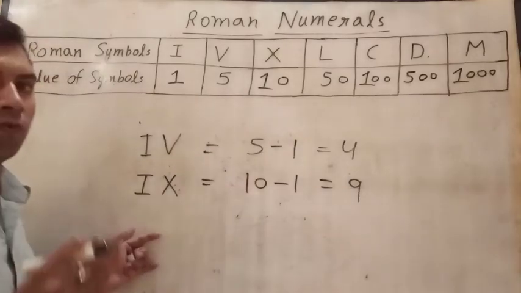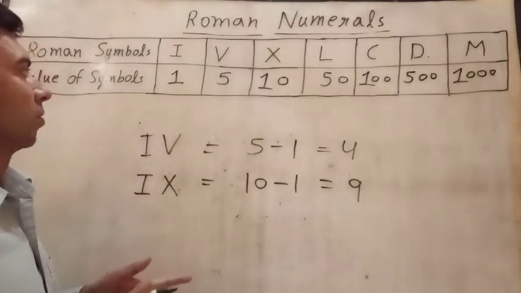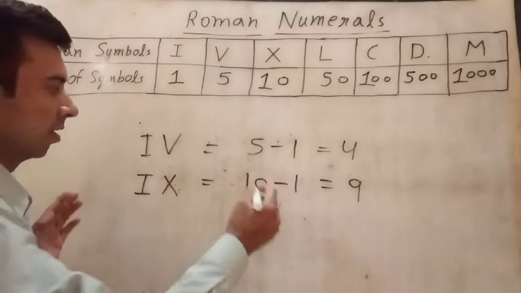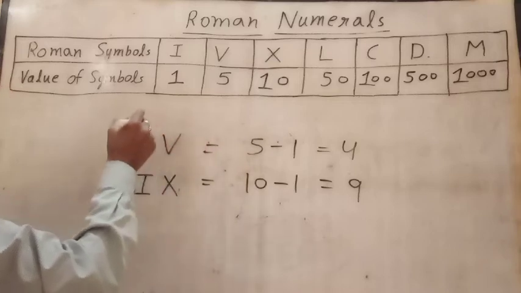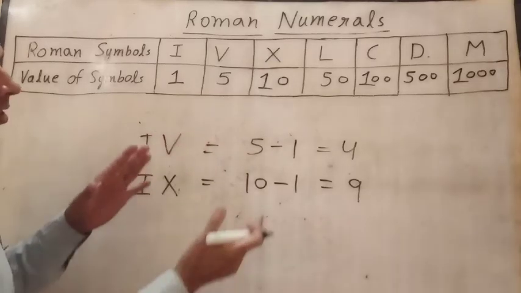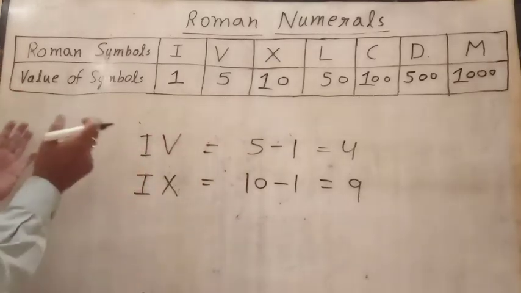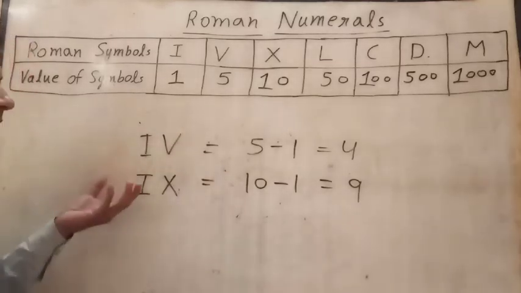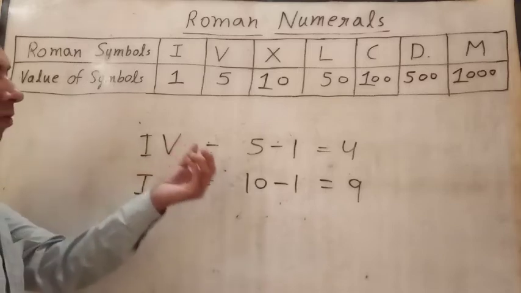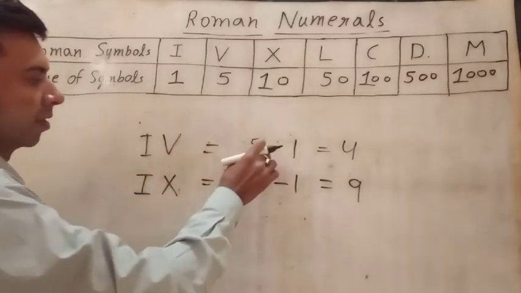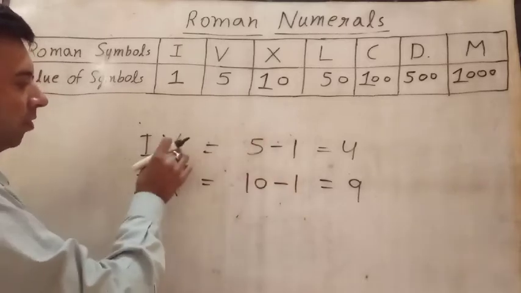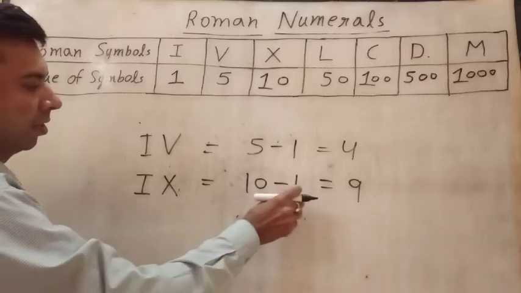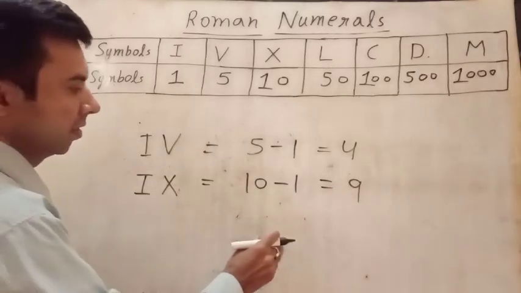So when we write the smaller Roman numeral to the left hand side of the greater Roman numeral, we subtract the smaller from the greater. See, IV, 5 minus 1, 4. IX, 10 minus 1, 9. Clear?